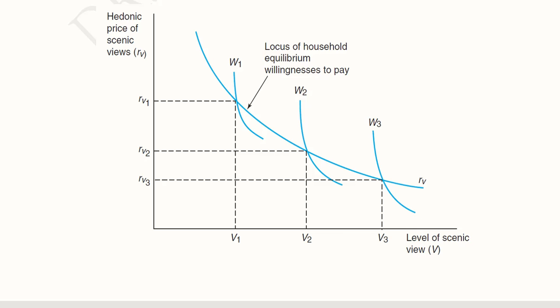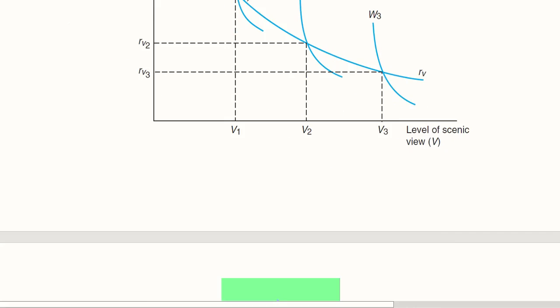So this inverse demand function and its intersection with the various willingness to pay functions is going to give us the household equilibrium willingness to pay. It's not just willingness to pay, it is also showing the equilibrium. It is a locus, a line joining various points. So this also helps us to overcome the self-selection bias.